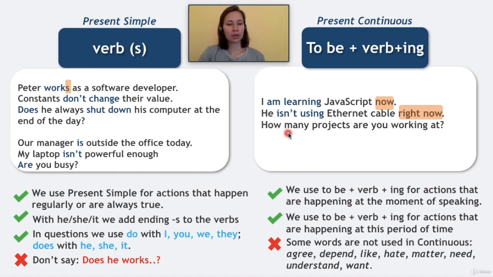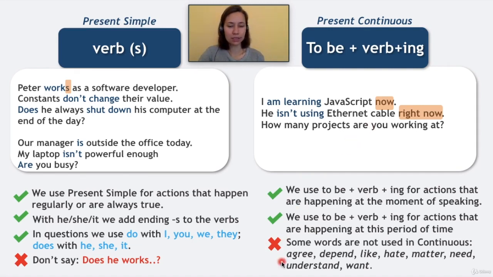And then you can see a question. How many projects are you working at? So in each sentence, you can see that the ending ing stays the same, right? And the verb to be is always present. You have to use it all the time, whether it's a positive, a negative, or a question sentence.